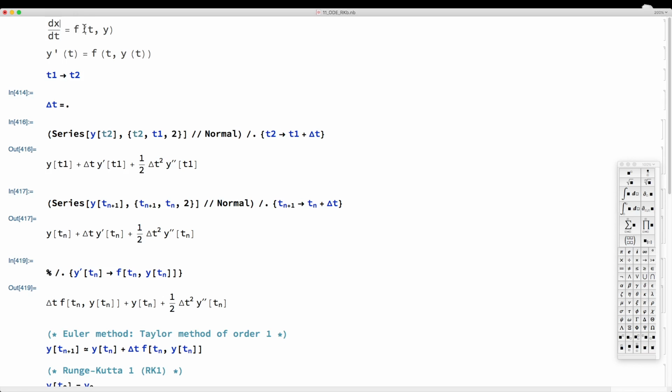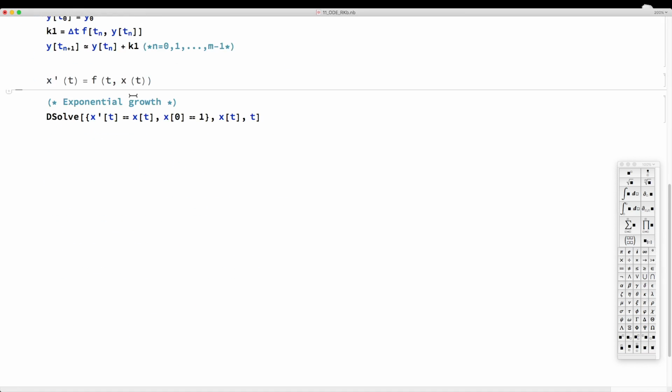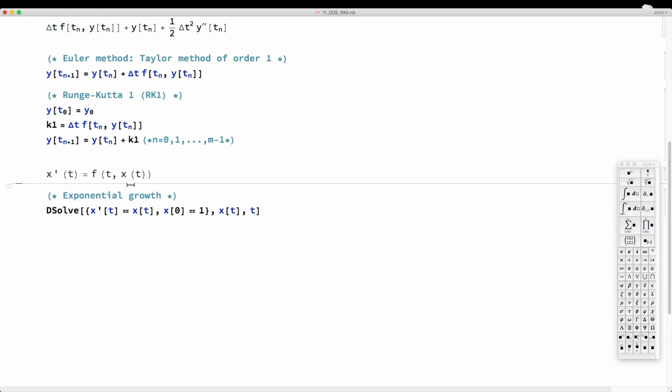So let's call this y, let's call it x, and let's call this x. Okay, so I just replaced y by x for clarity, and let's copy this equation down here just to see things more clearly.